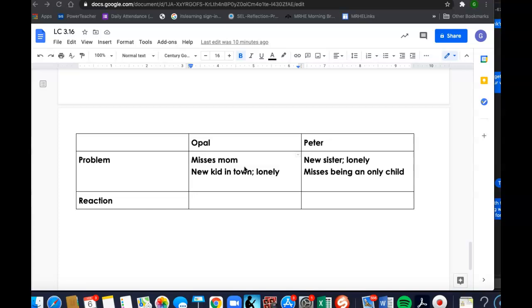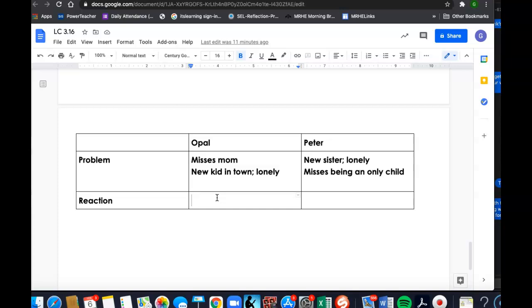All right, so we know that Opal misses her mom and that she's a new kid in Naomi and she's experiencing some loneliness. We also know that Peter is experiencing loneliness, but that is because he has a new sister and he is missing being an only child. So let's talk about how they react to these problems.